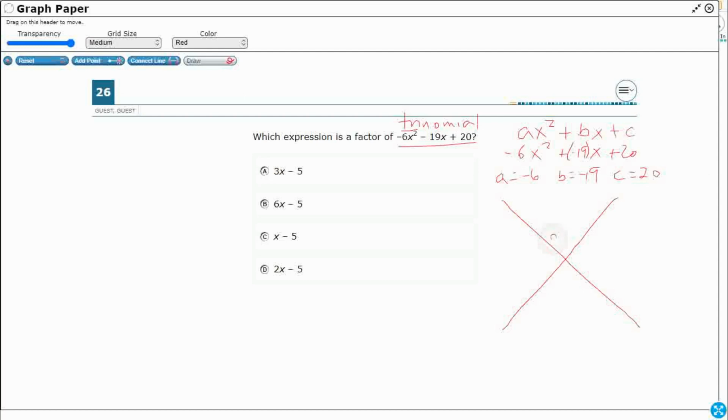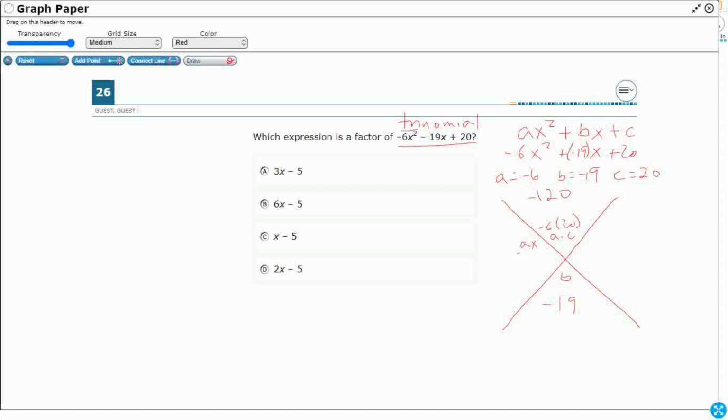So a times c is what we're going to put up in the top. So that's going to be negative 6 times 20. So that's negative 120. Our b term goes down below, negative 19, and the signs make a big difference, positive or negative.